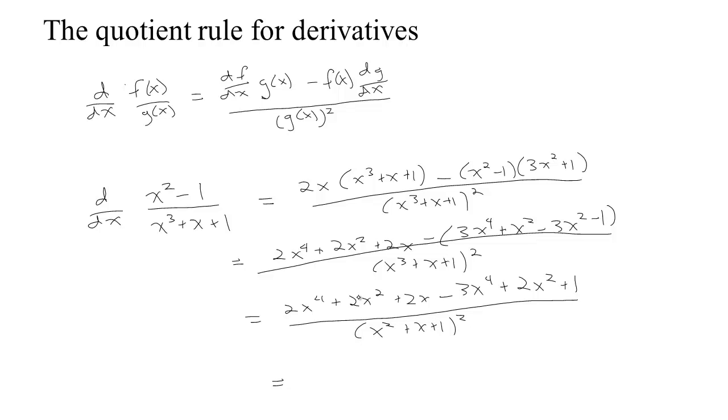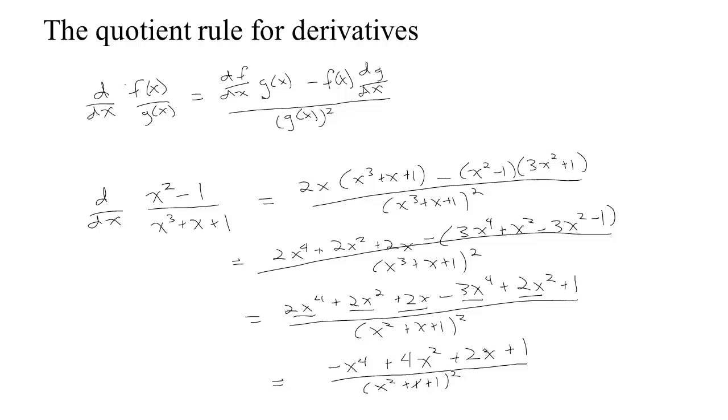Now I can start combining like terms. My x to the fourth terms combine to give me negative x to the fourth. My x squared terms give me 4, so I have plus 4x squared. And then I have this single linear term, so plus 2x plus 1, all over x cubed plus x plus 1 squared.